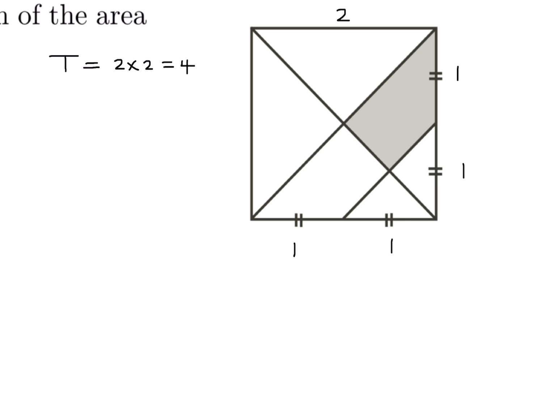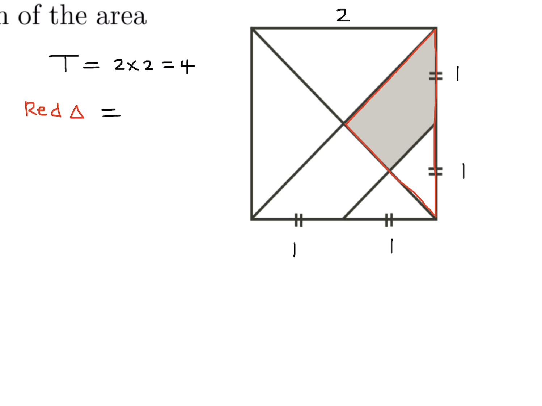Now we have to figure out the area of the shaded region. So how do I do that? Well, I'm going to draw a triangle like this. That red triangle, I'll just call it red triangle, to make it easy for you.